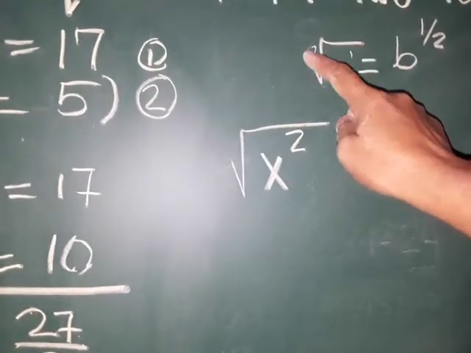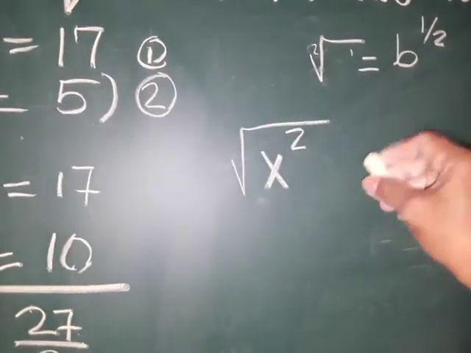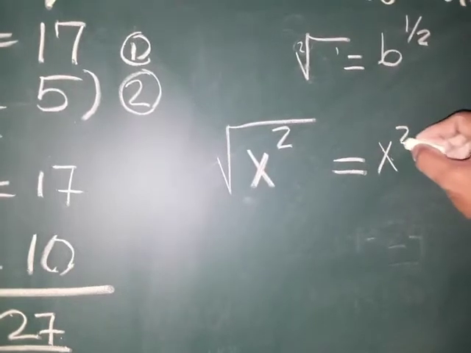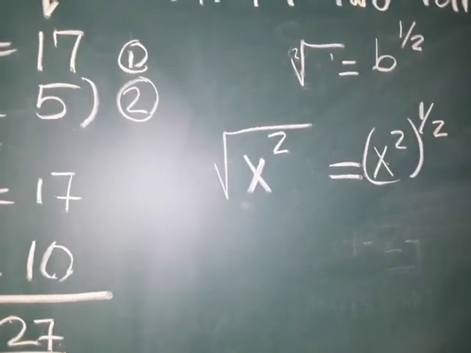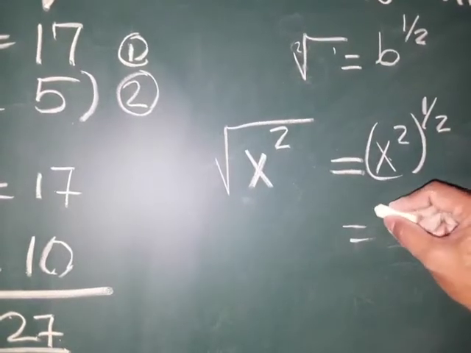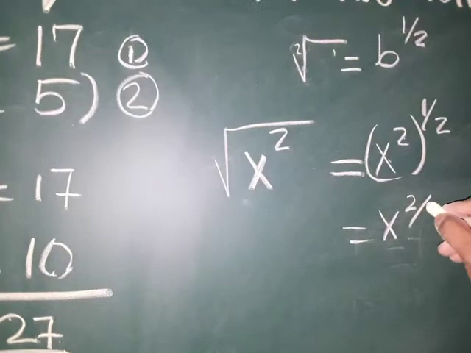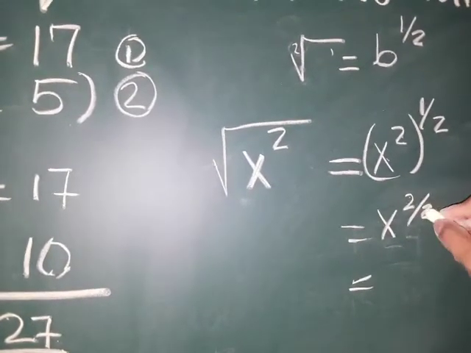So it is also written as x squared raised to 1/2. And of course, 2 times 1/2 is 2 over 2. Then cancel: 2 divided by 2 becomes 1.